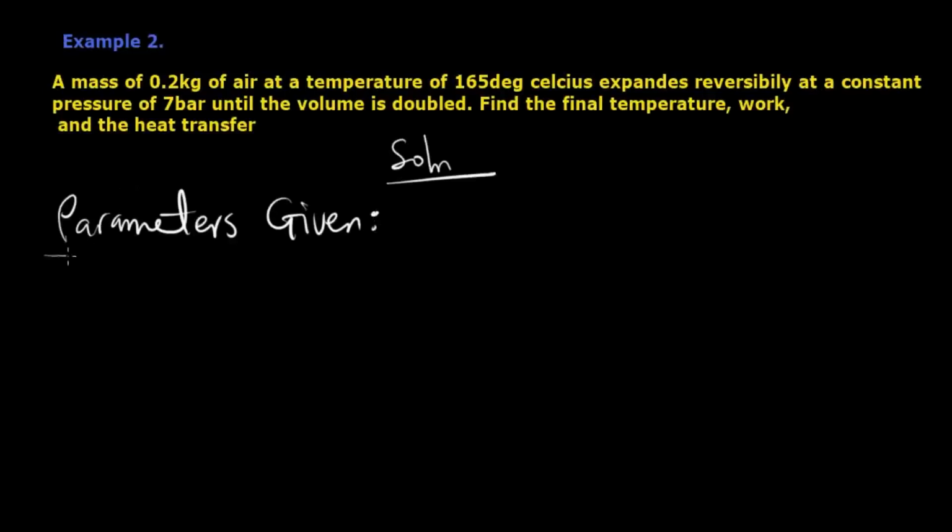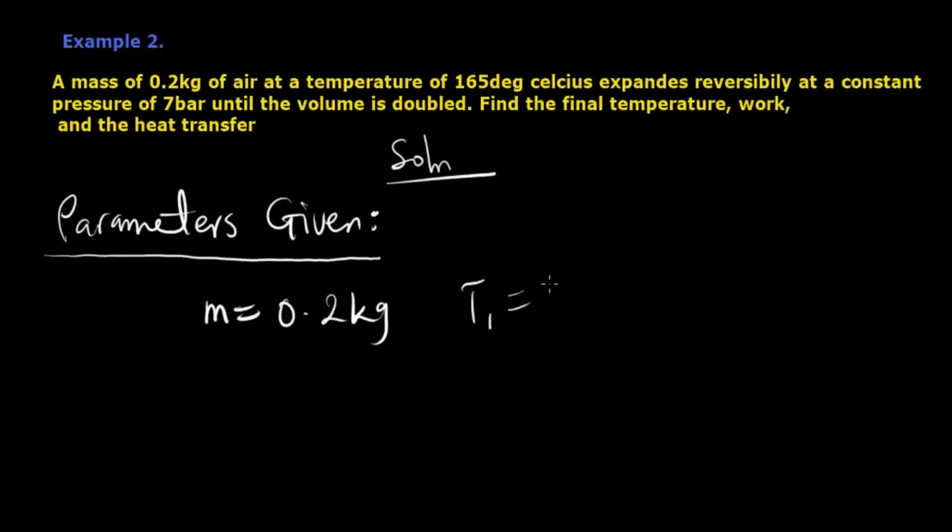We have our mass 0.2 kg. So the first temperature we have here is 165 degrees C, which is equal to 438 Kelvin.